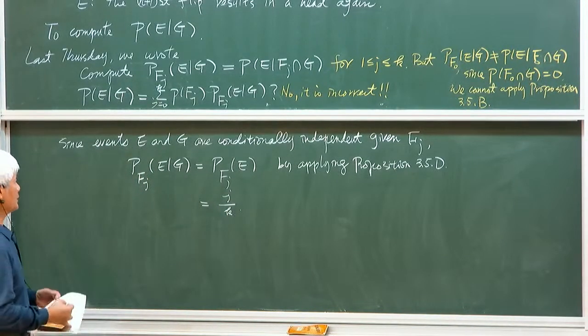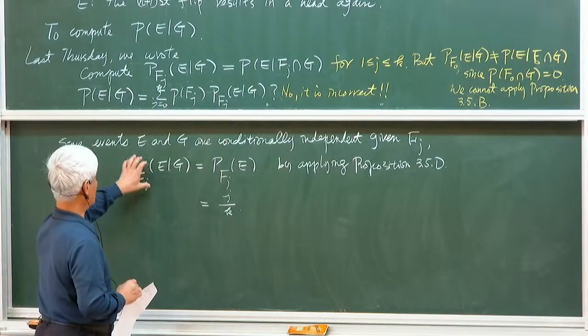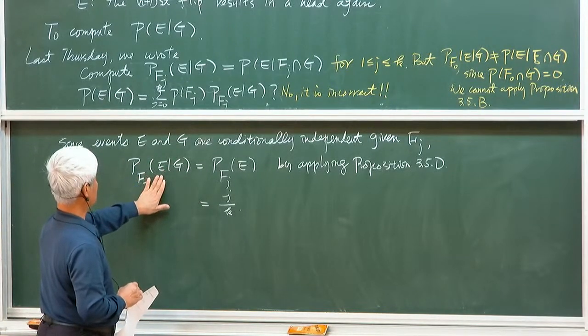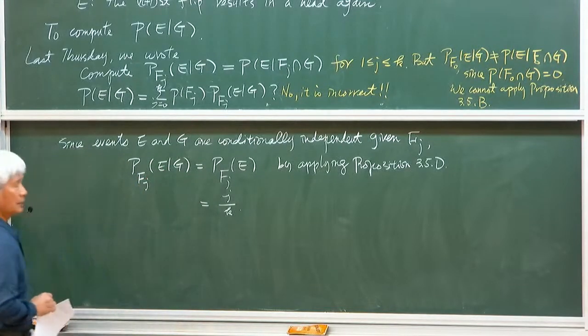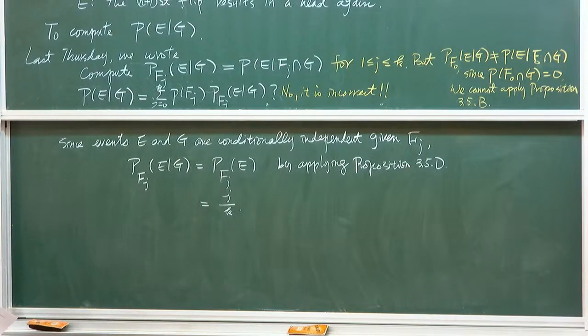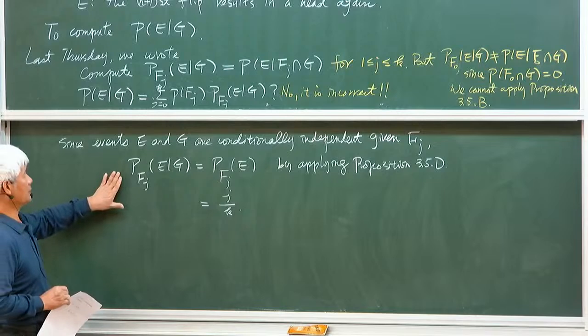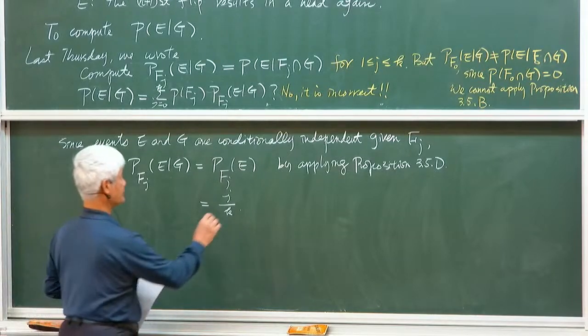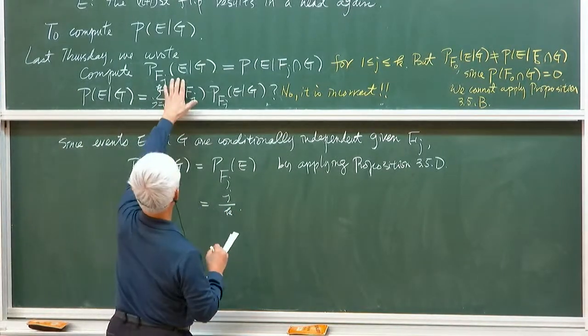Okay, so we immediately have this two-level conditional probability here. Okay. Any questions about the computation of this one?